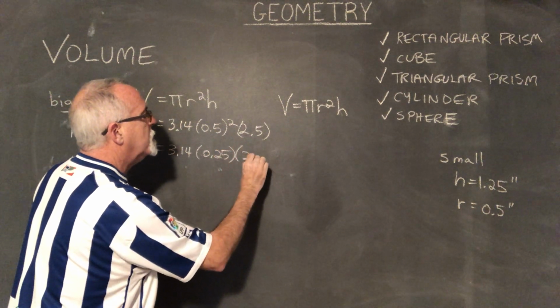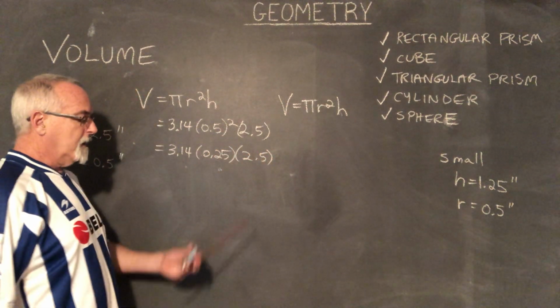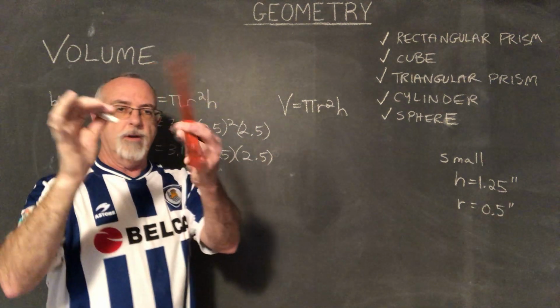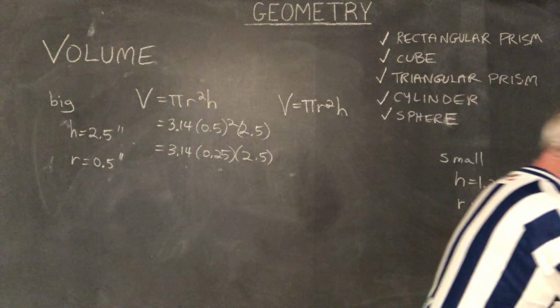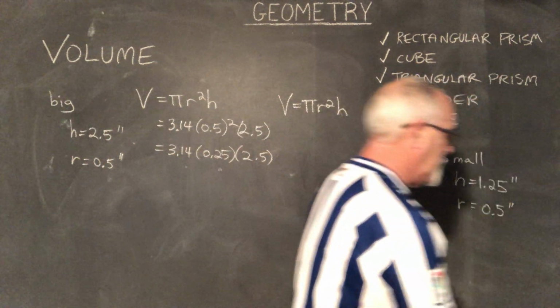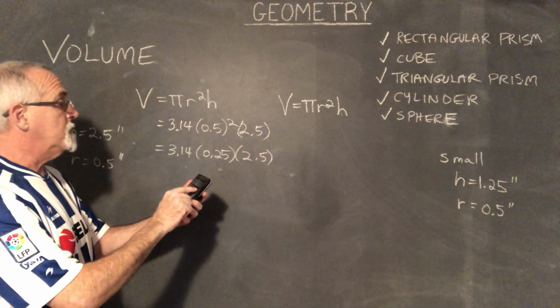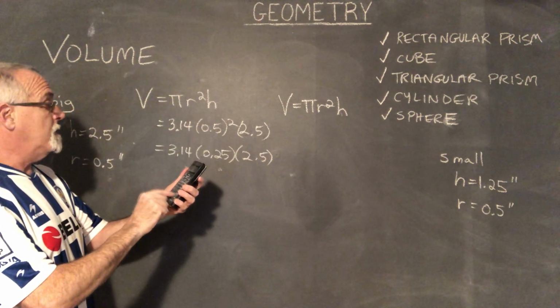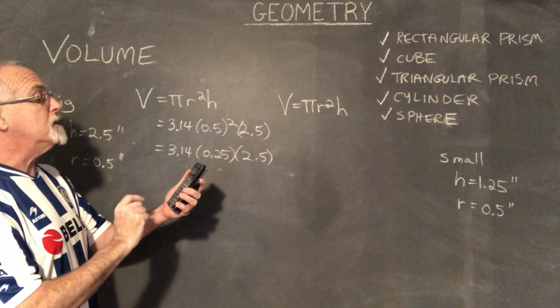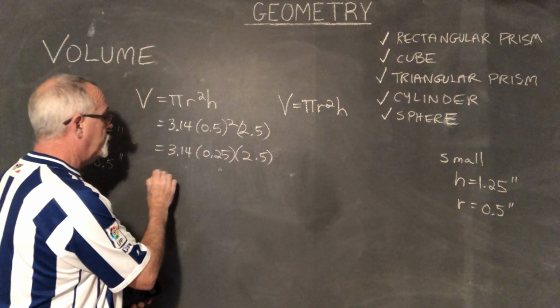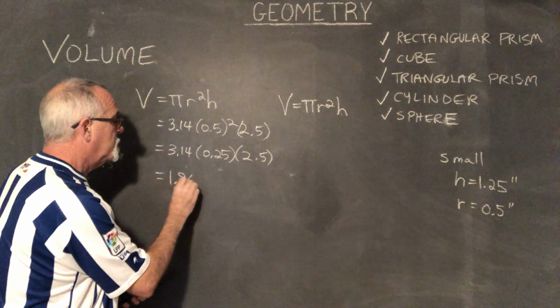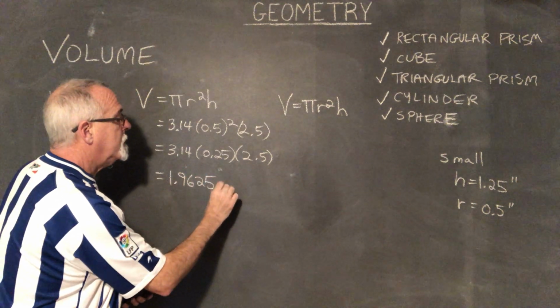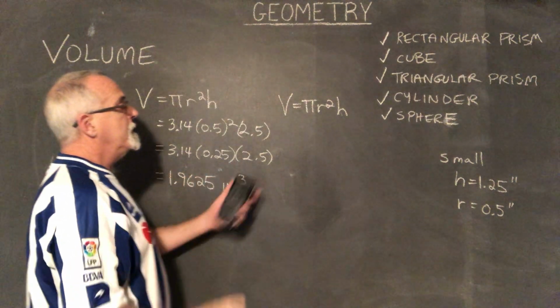And then I'm multiplying by 2.5. I need my calculator, and I have hands full of all sorts of stuff. Down you go, calculator. 3.14 times 0.25 times 2.5 equals 1.9625 inches cubed.